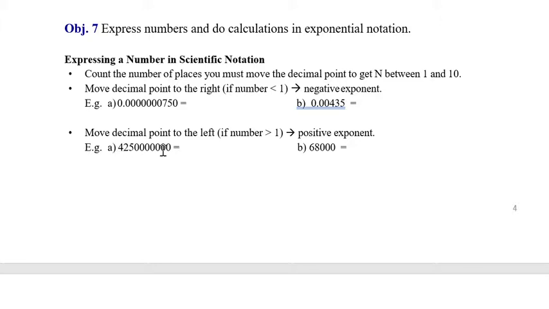So that's going to be 4.25 times 10 to the 9. Pretty big, large number. This is a number that you might leave as is. It's not quite as neat and tidy, but it's still a pretty handy one to convert to exponential notation. This is going to be 6.8 times 10 to the 1, 2, 3, 4. 6.8 times 10 to the 4.